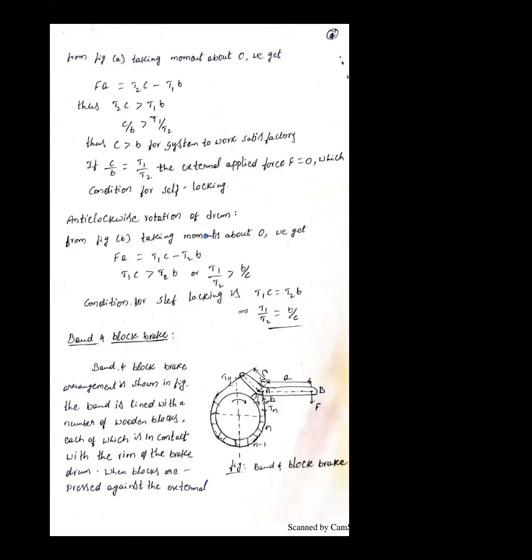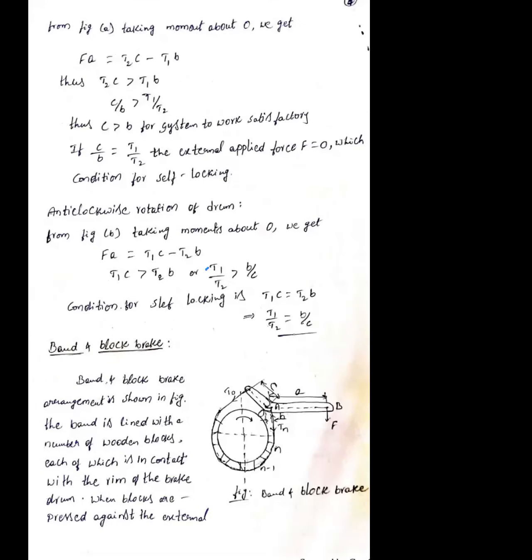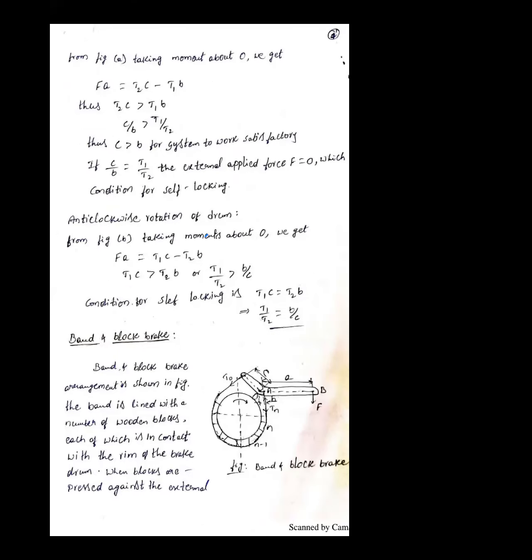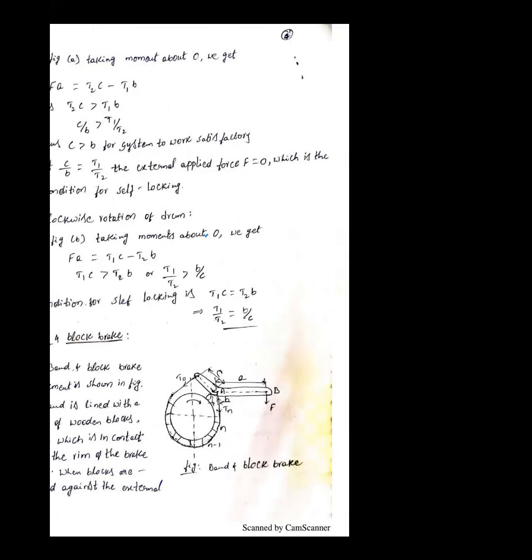When we wind the particular band, we will have some wooden blocks there. Just observe the wooden blocks; the brake drum will have some wooden blocks. Now the force F is also there, and the distance will be the same, a, from the fulcrum. From the tension point of view, the tensions here are Tn and T naught.